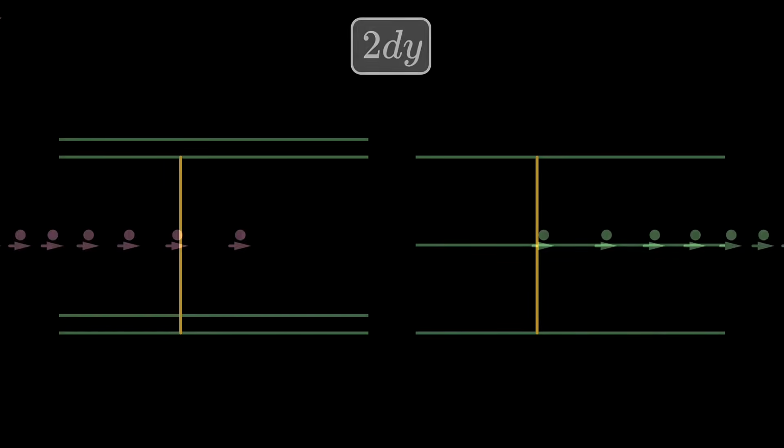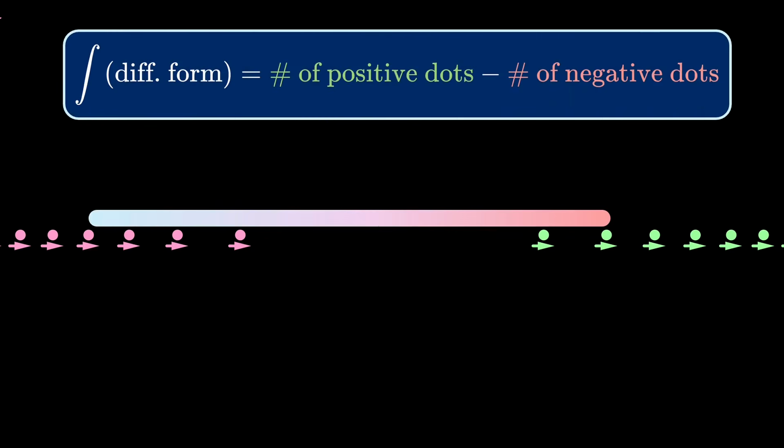So far, we have discussed that differential forms in one dimension can be visualized using these tick marks or dots, and the integral can be simplified to be counting how many positive dots the interval crosses minus the negative ones.